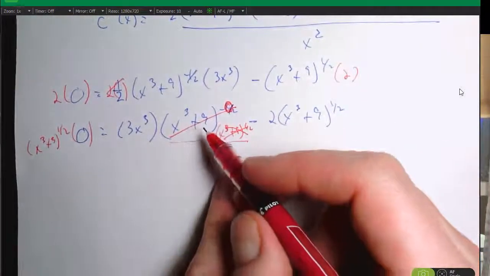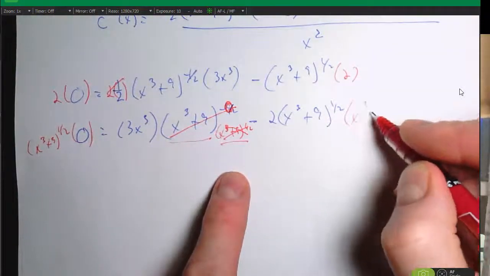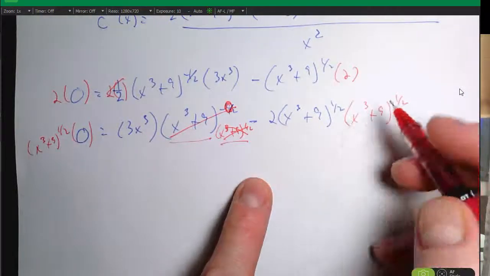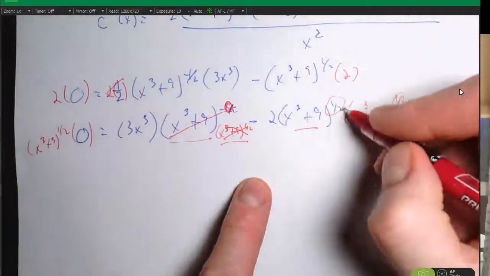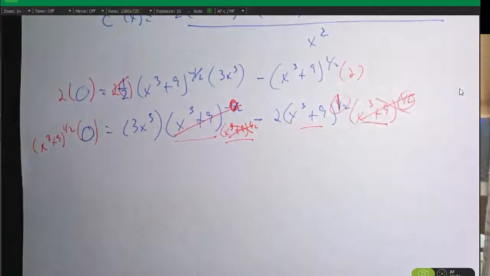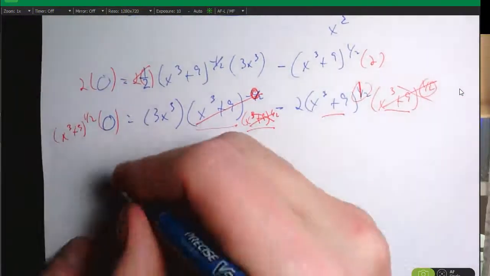And you might say, well, why would you do that? Well, the problem is set up to work out this way nicely. When I multiply x cubed plus 9 to the 1/2 to this term here, 1/2 plus 1/2, because they're the same base, is to the first power. So what I actually end up getting is a really nice, easy equation to solve by hand. It doesn't seem like it should be, but it is.